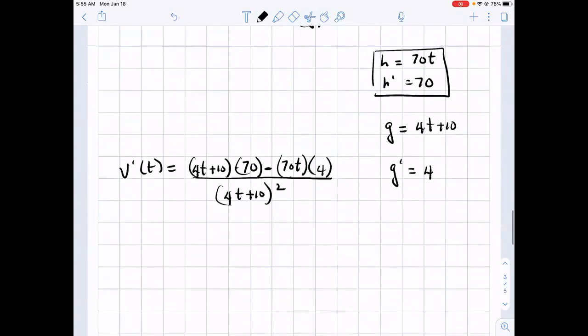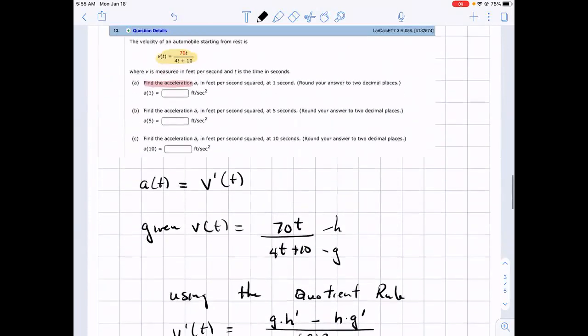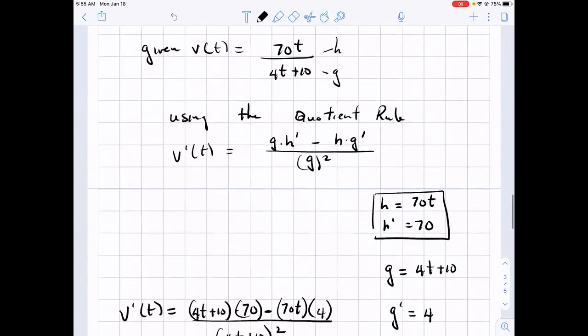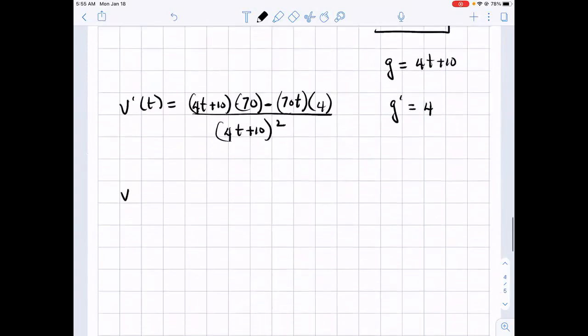This can be simplified, but since the question is asking for a specific time, at 1 second, t is in seconds here, and round your answer to 2 decimal places. So now, what is v prime when t is 1? So if you want, you could simplify this, or just plug in 1. So it'll be 4 times 1 plus 10.